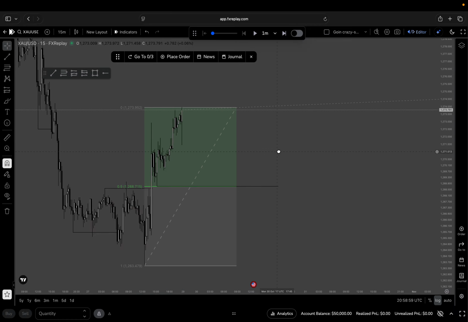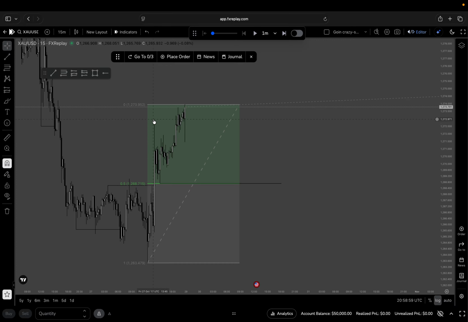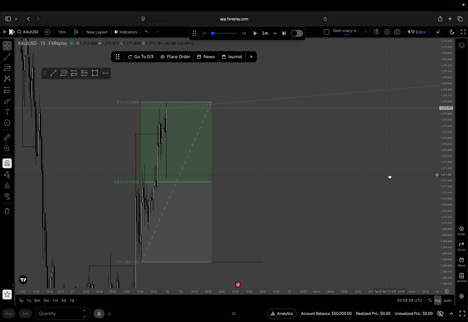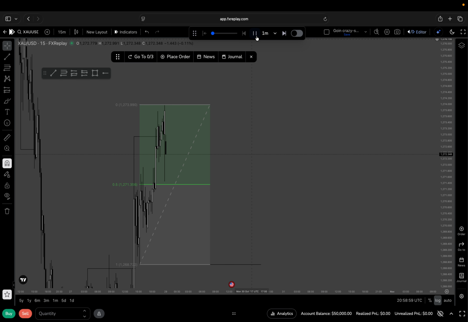Yeah, this would be our external. Made a high, traced a little bit. Yeah, we made a high here. Could have retraced, but we traced enough, almost filling equilibrium. So our range would be here to here. See what price gives us.